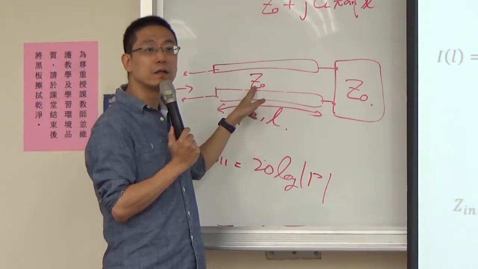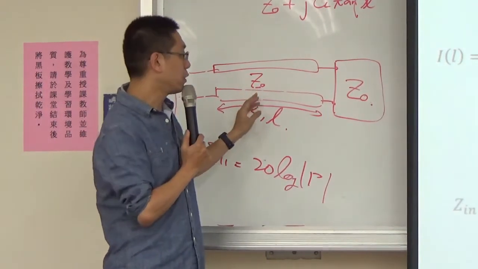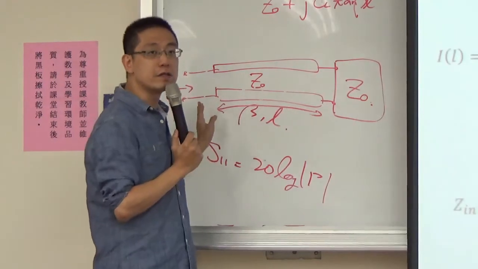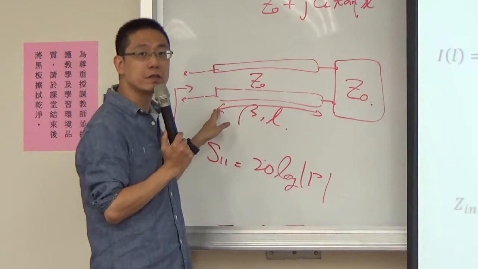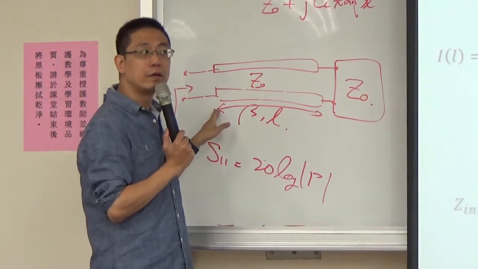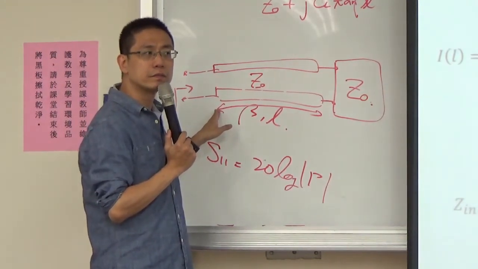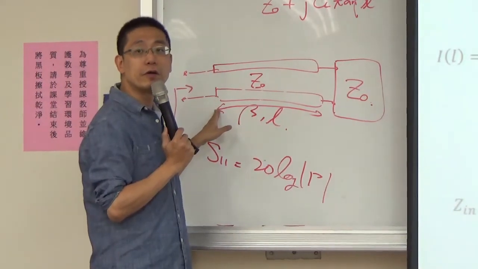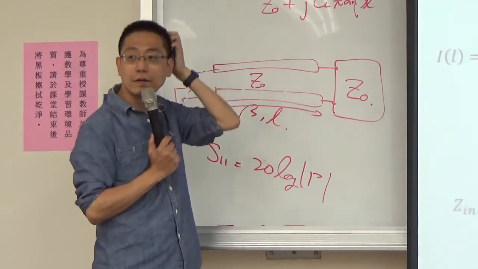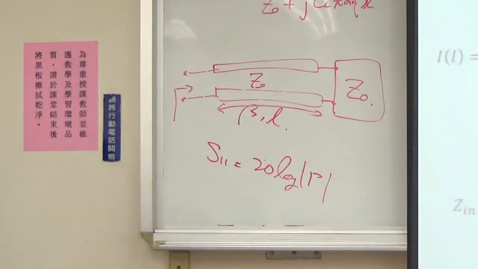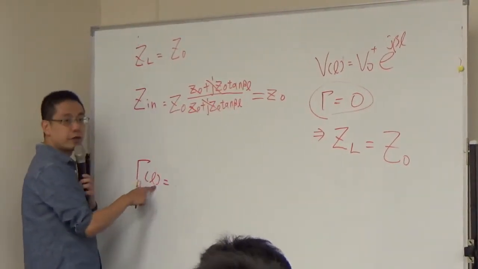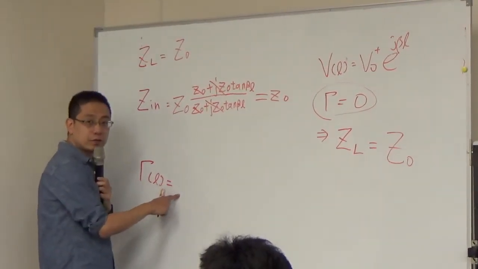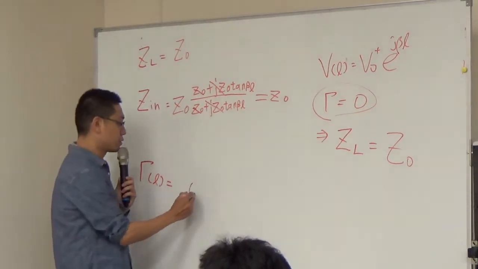The same. And what happens if you have different lengths? The phase is different. Remember the equations. What is the reflection coefficient everywhere?